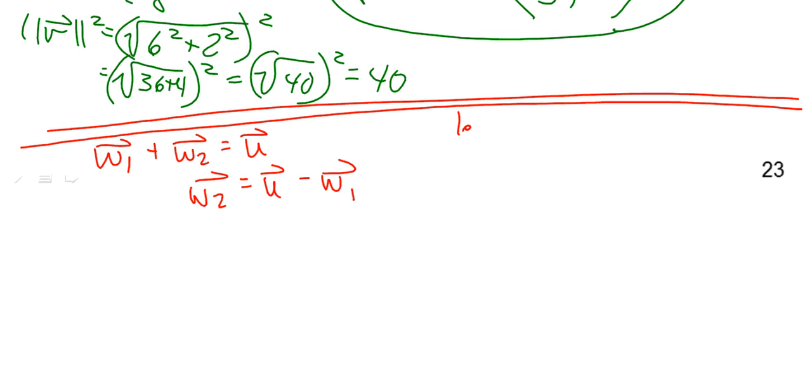So let W1 be the projection of U onto V, which was 6/5, 2/5. And yes, U we know from the very beginning.